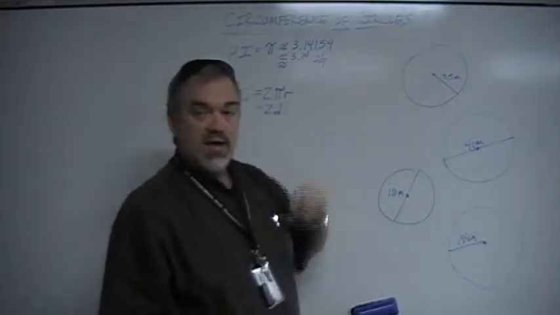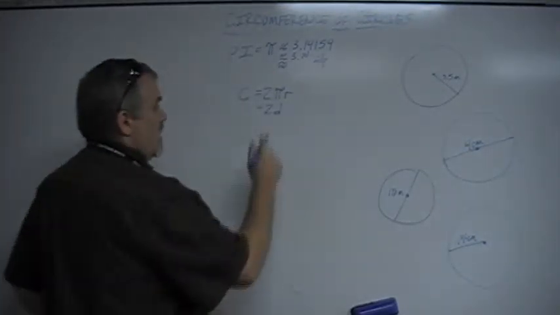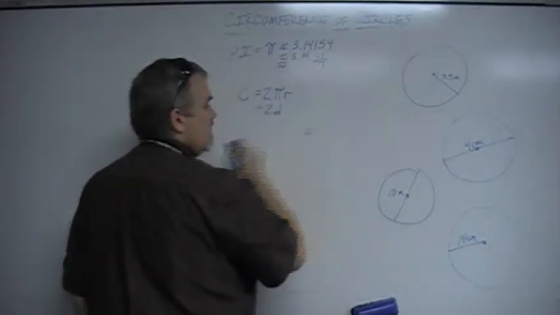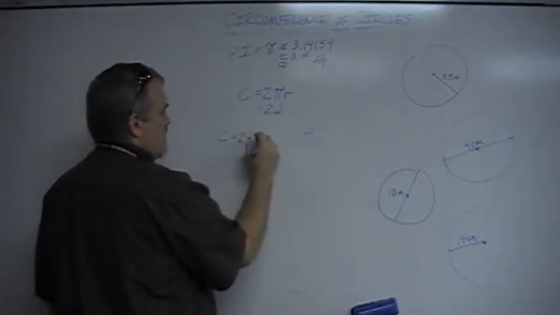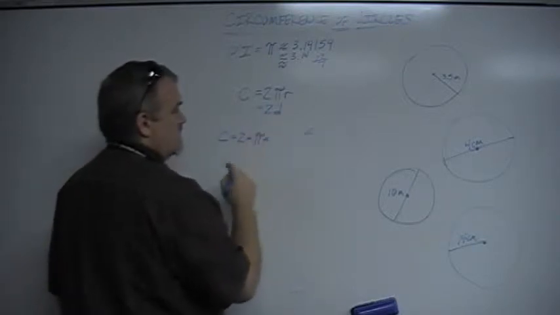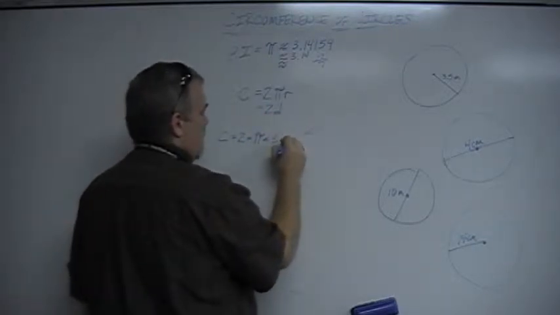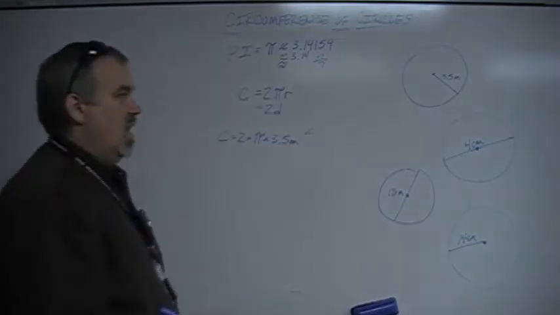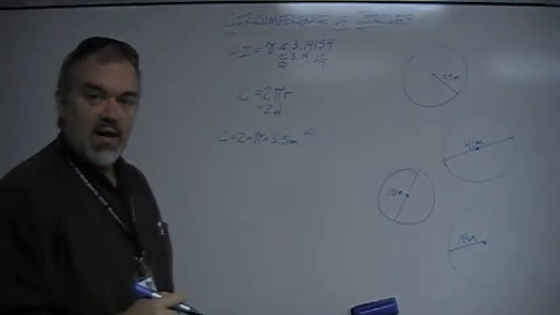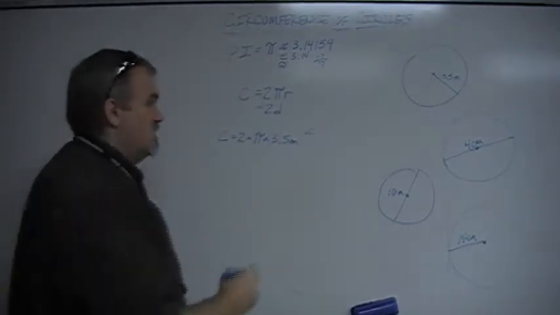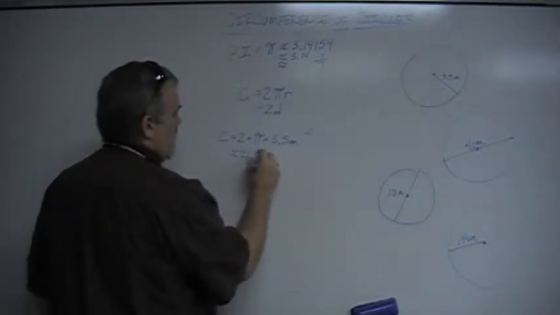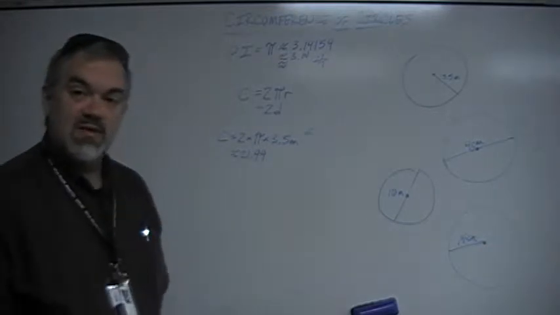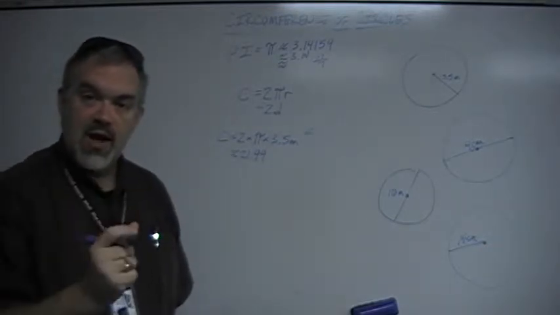So for example, for this circle right here, if we wanted to come up with the circumference of that circle, we would say C equals 2 times pi times the radius, which is 3.5 meters. And we can put that into our calculator, and you'll get a large decimal number. But we're going to get roughly 21.99 to 2 decimal places. You can put that in your calculator and check it.